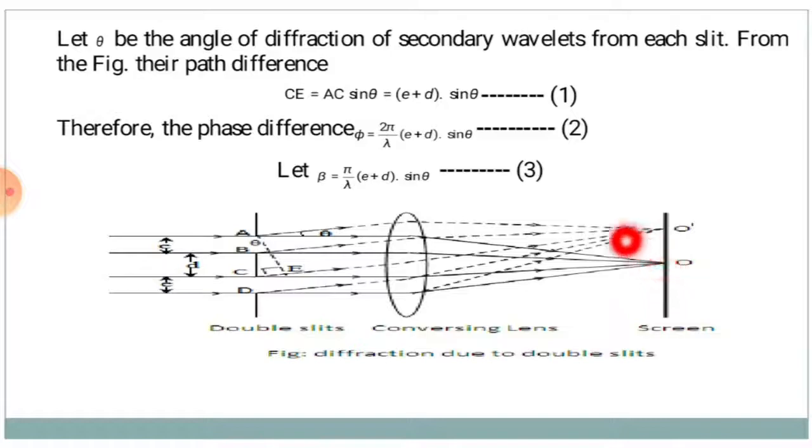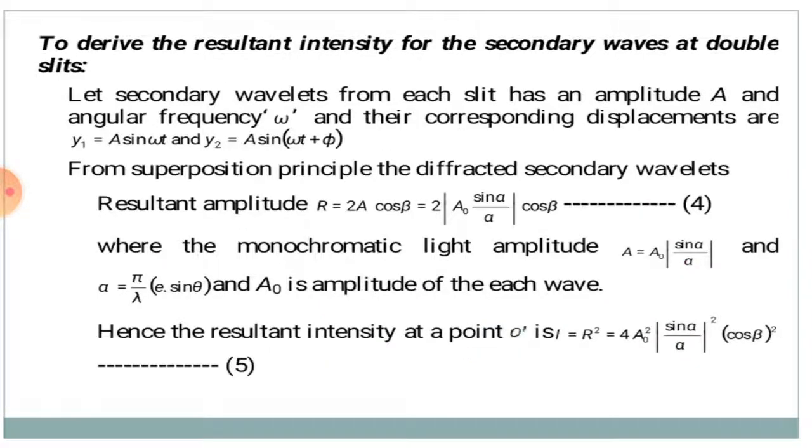For this, first we find out the amplitude of the beam diffracted from these two slits. Now we will find out the resultant intensity at any point on the screen. Let's see the resultant intensity for the secondary wavelets at a double slit.